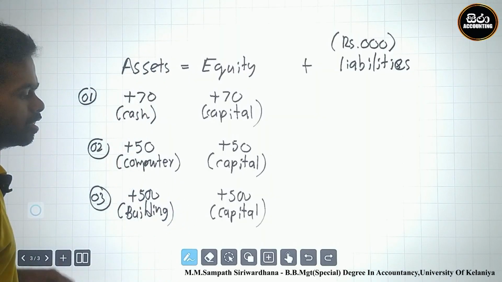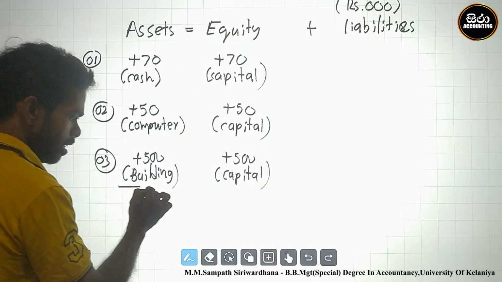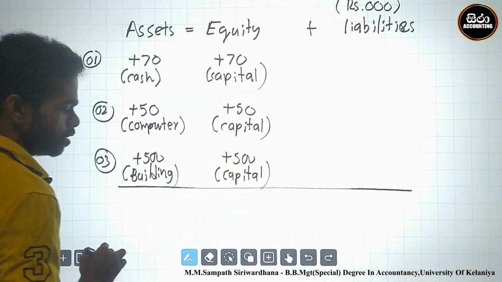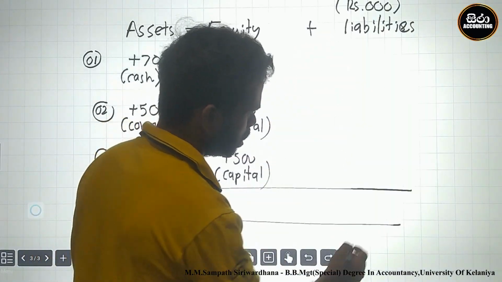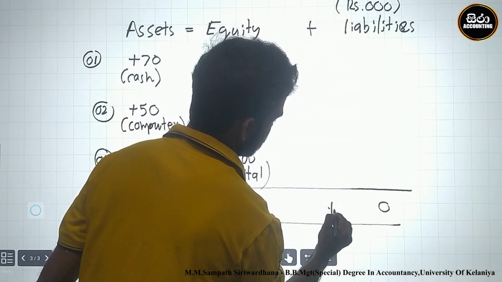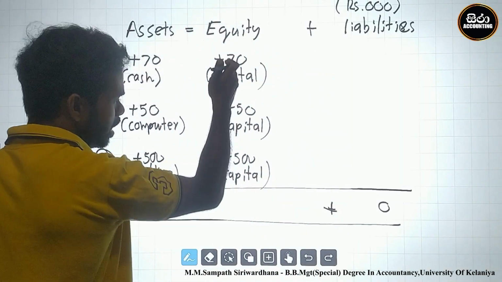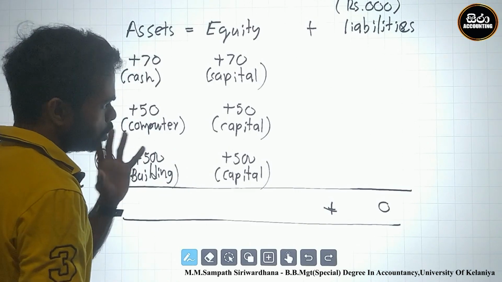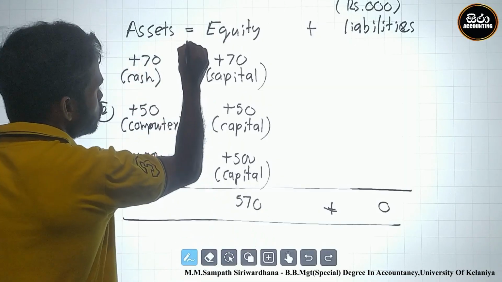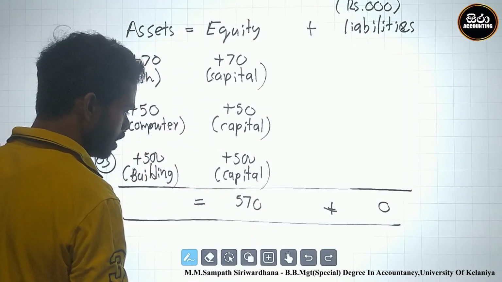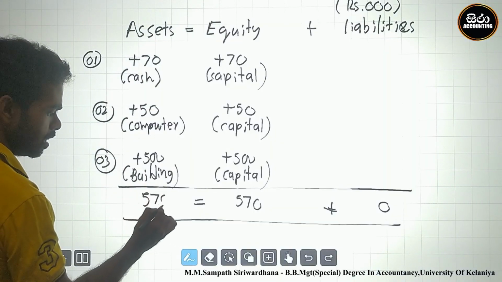After the 3 transactions, we can get the sum of these transactions. I get the cumulated amount. This is the total amount. Liability is 0, carried to this area, and I can get the sum total. 570 equal should be placed here, and the cumulated amount is 570.